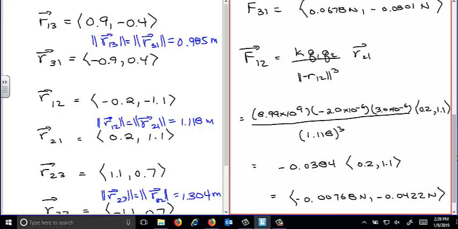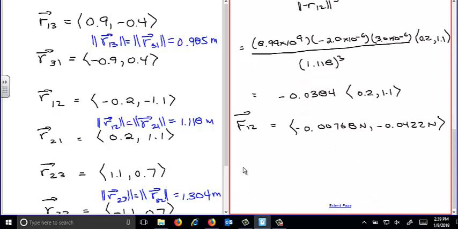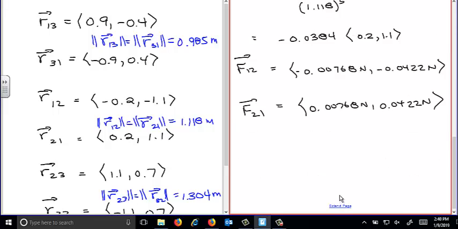So that result there is the F12 vector, and as a consequence, F21 is the vector positive 0.00768 newtons and positive 0.0422 newtons.